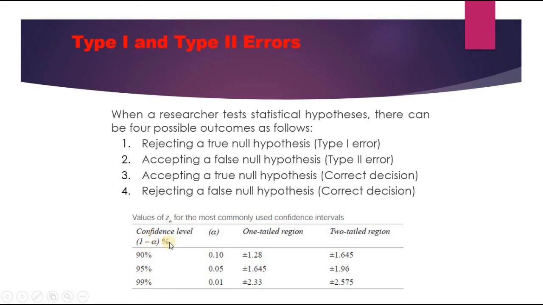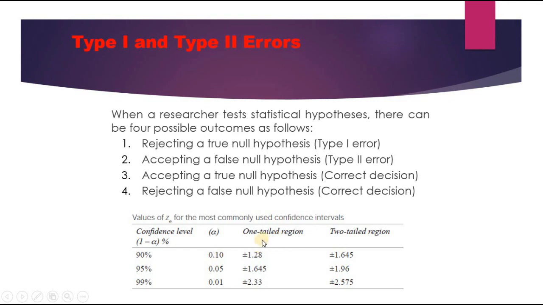Now, this is the confidence level. Confidence level can be calculated by 1 minus alpha. Alpha is your level of significance, that is 0.10, 0.05 or 0.01. So you work at a 90% confidence level, 95% confidence level, or 99% confidence level, calculated on the basis of 1 minus alpha. Alpha here you can see is 10%, 5%, 1%.